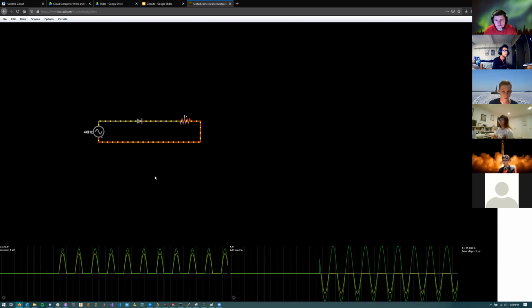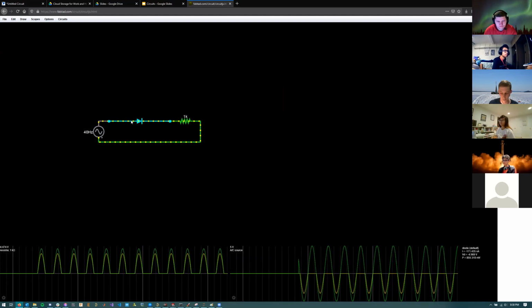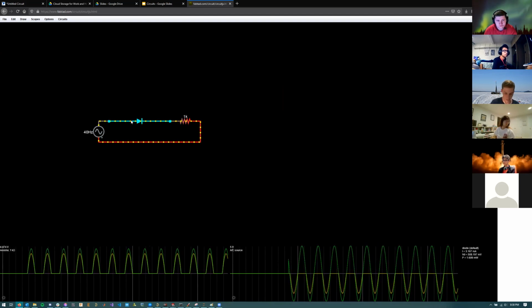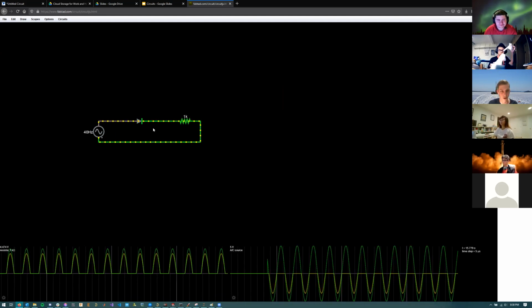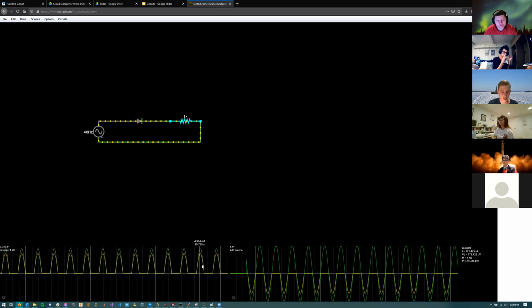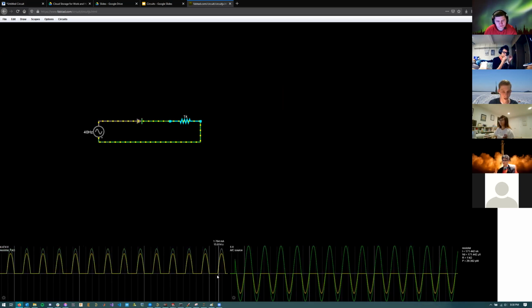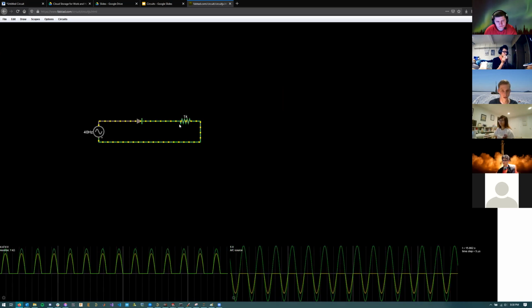So this is a half bridge rectifier. Yep, that's right. So you can essentially only get half of the power transmitted because you only have half of the sine wave going through your resistor.